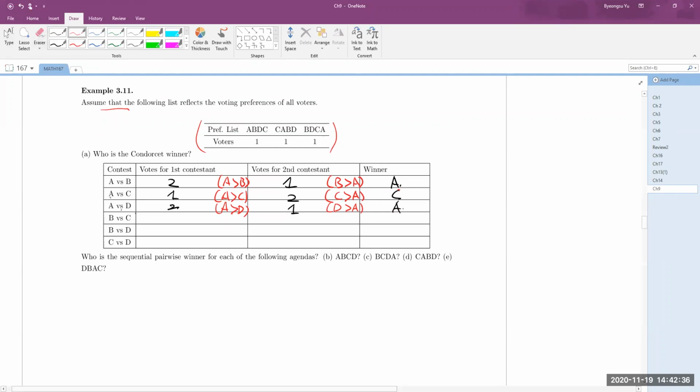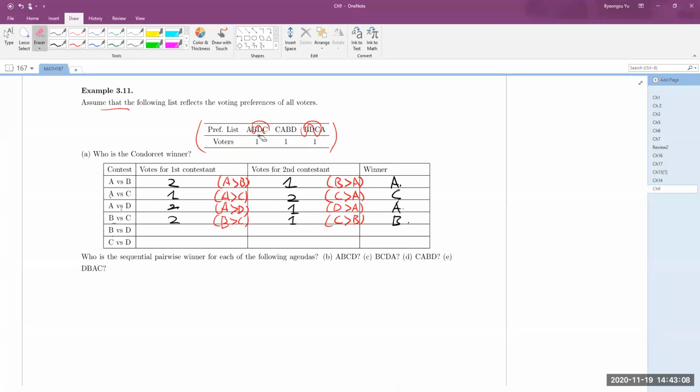To compare B and C, the first preference list thinks that B is better than C, and the second one and third one also think that B is better than C. So there are two persons who think that B is better than C, but one person who thinks that C is better than B. So here the winner is B.